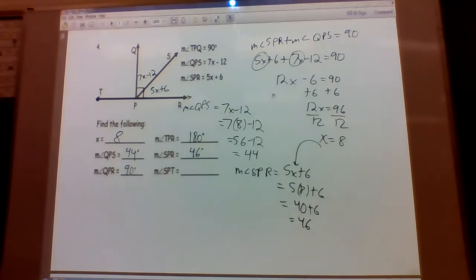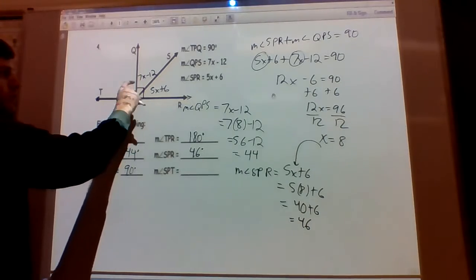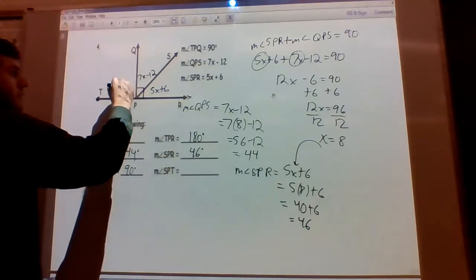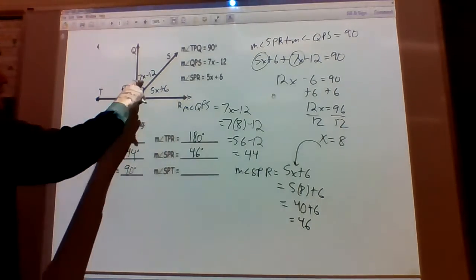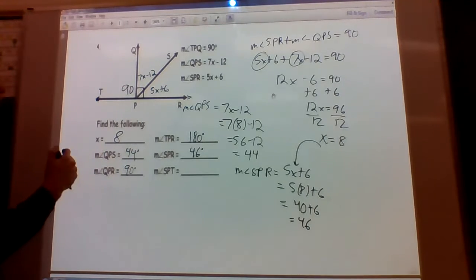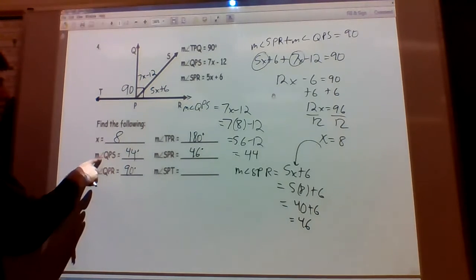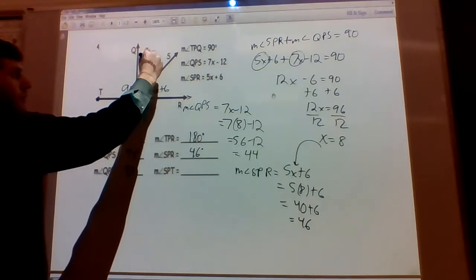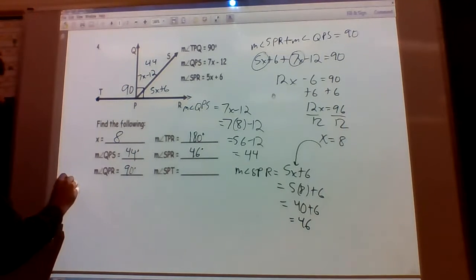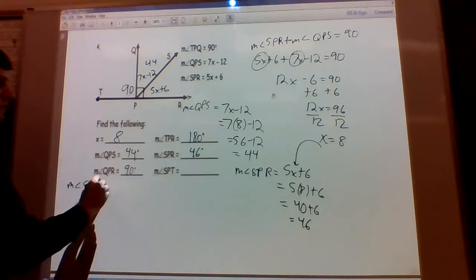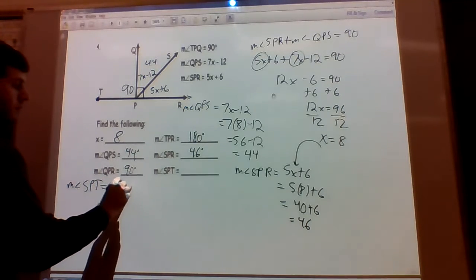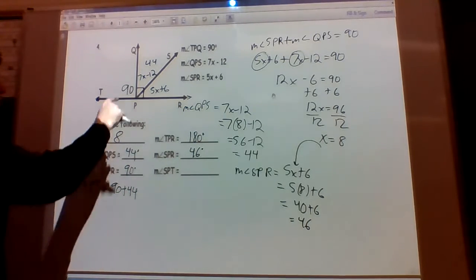And the last one is SPT. So we have to add these two together. They're telling us TPQ is 90 degrees. What did we find out that the measure of angle QPS was? QPS was 44. So the measure of angle SPT is simply going to be 90 plus 44.